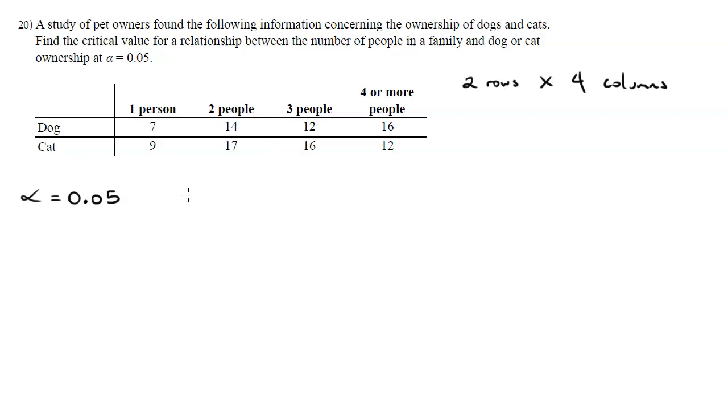So we can show the hypothesis test how this would work out. So step 1, give me the null hypothesis and the alternative hypothesis. Okay. The null hypothesis will say that these categories are independent of each other. Well, let me be more specific.